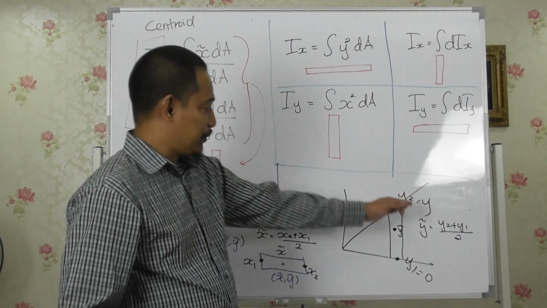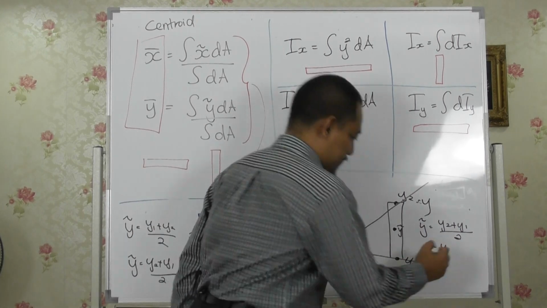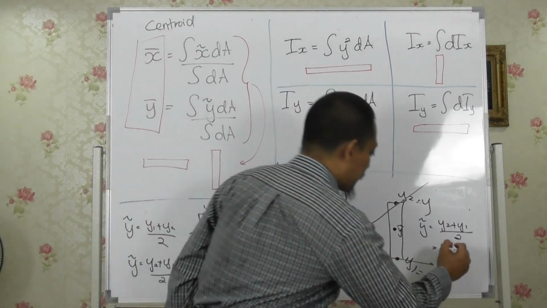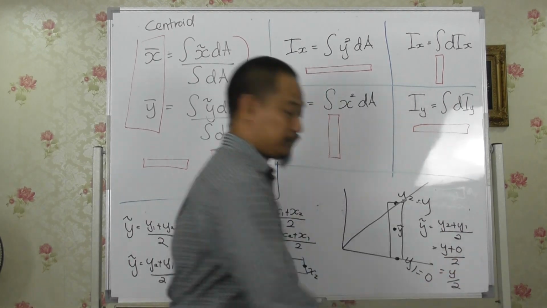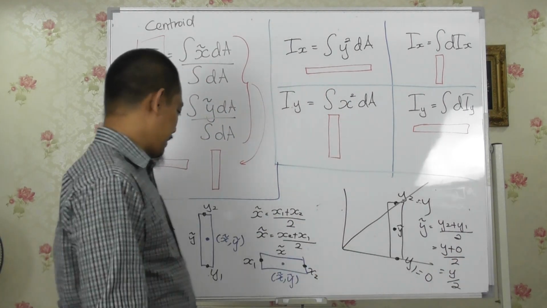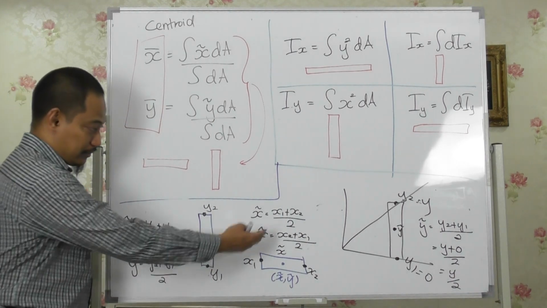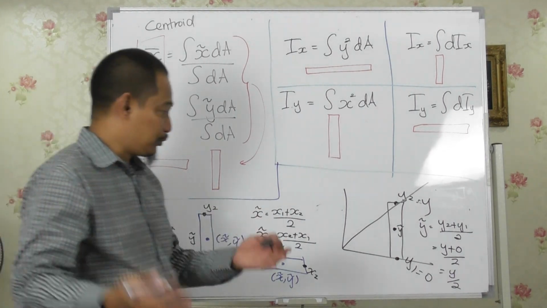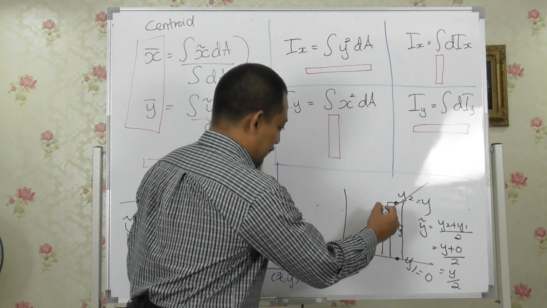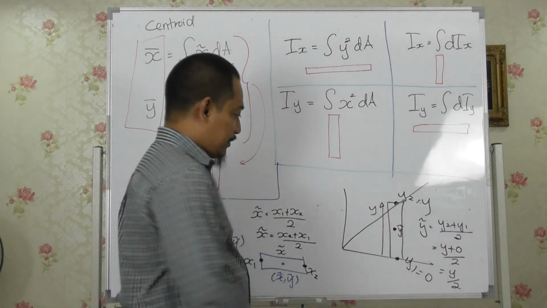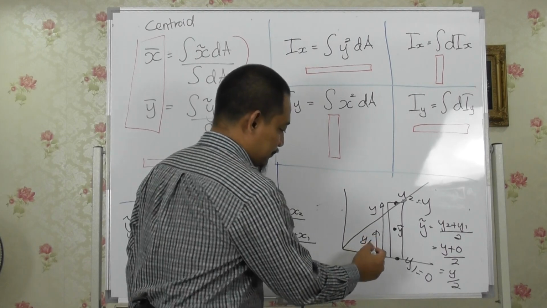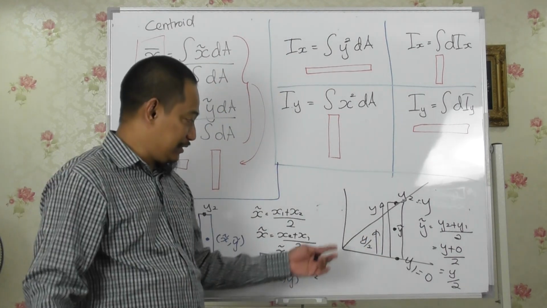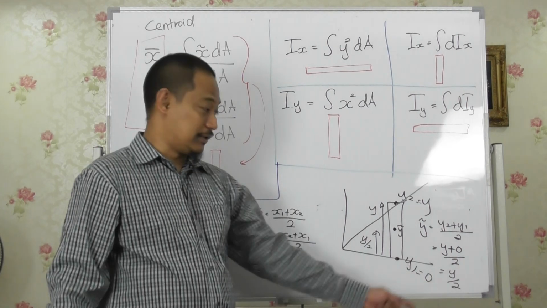In this case, y2 is y, so you get y, y1 is 0, plus 0, then divide by 2. Hence you get y over 2, right? That is from just memorizing this or this. Of course, for those who understand, this is y, this is halfway through, it's the middle, so obviously y over 2. So either way, you have the correct answer, inshallah.